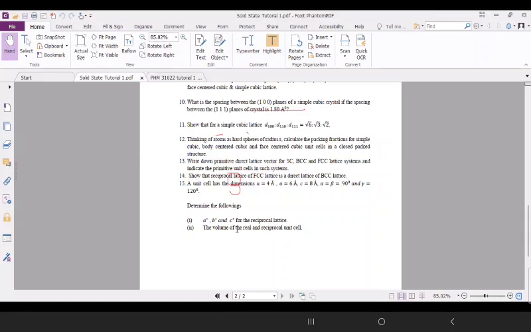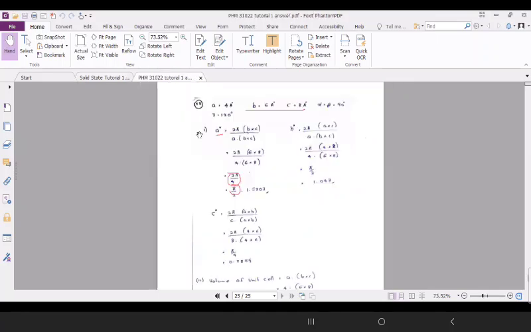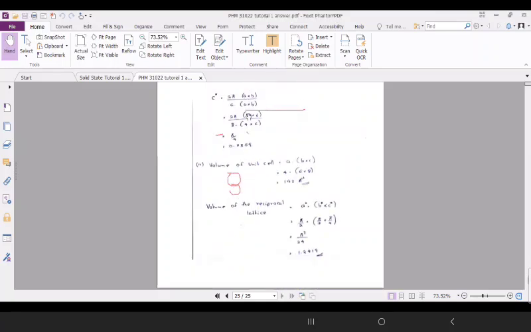And the volume of the real and reciprocal unit cell. So you have to get the volume of the real and reciprocal unit cell. See, as they have given a, b, c, those are actual lengths, right? Actual intercept lengths. So using those lengths, you can easily get the volume of the unit cell, right?